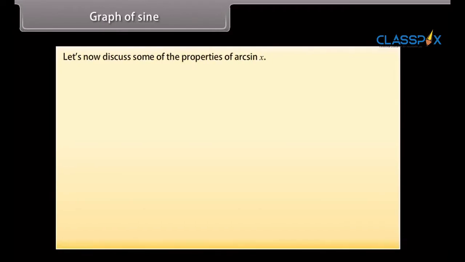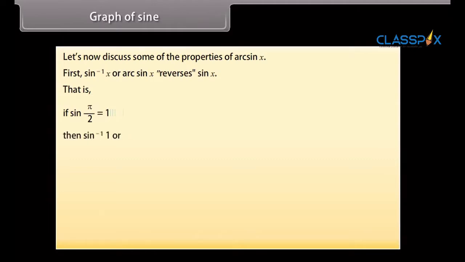Let's now discuss some of the properties of arc sin x. First, sine inverse x or arc sin x reverses sin x. That is, if sin pi by 2 is equal to 1, then sine inverse 1 or arc sin 1 is equal to pi by 2.